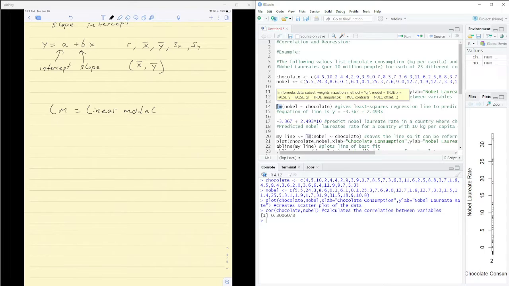Okay, and the syntax for this in R: you type LM, your dependent variable, tilde, your independent variable. This is a tilde. I know it looks like an N, but that's just my bad handwriting.